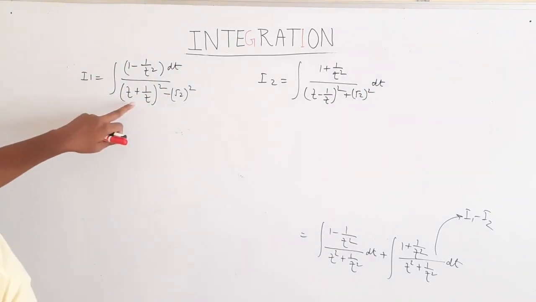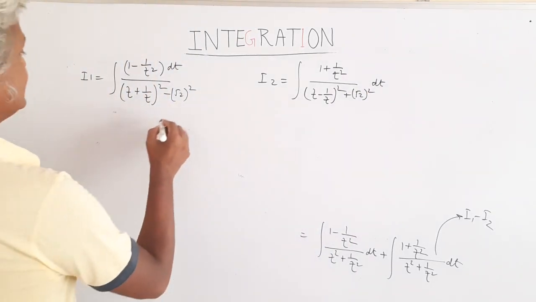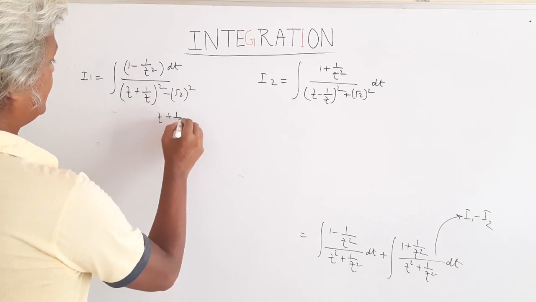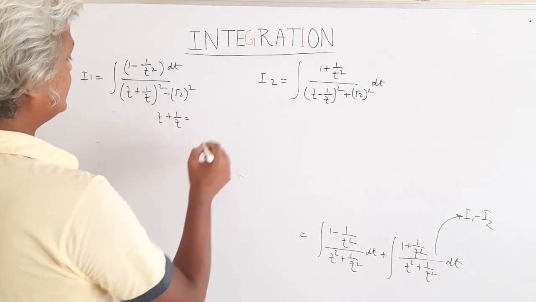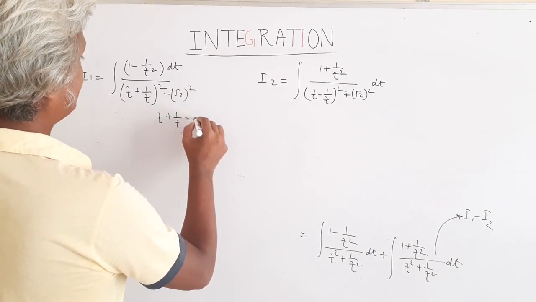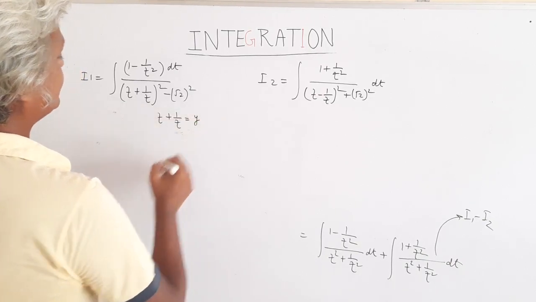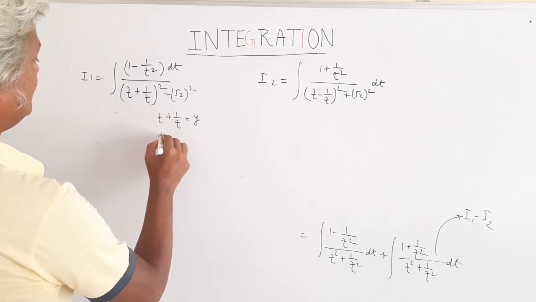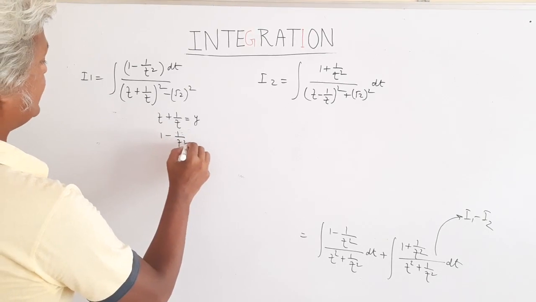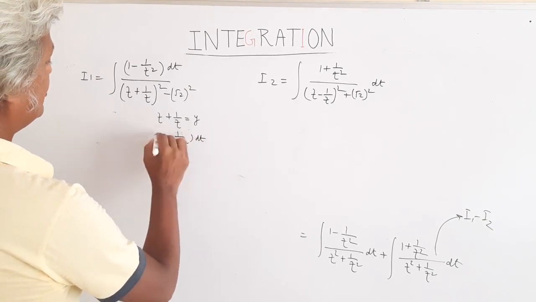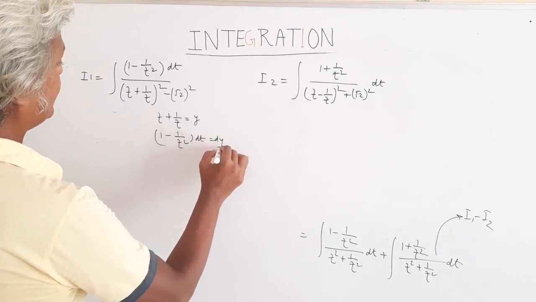Now in this case you assume t plus 1 by t as something. Suppose I write y, then 1 minus 1 by t square dt will become dy.